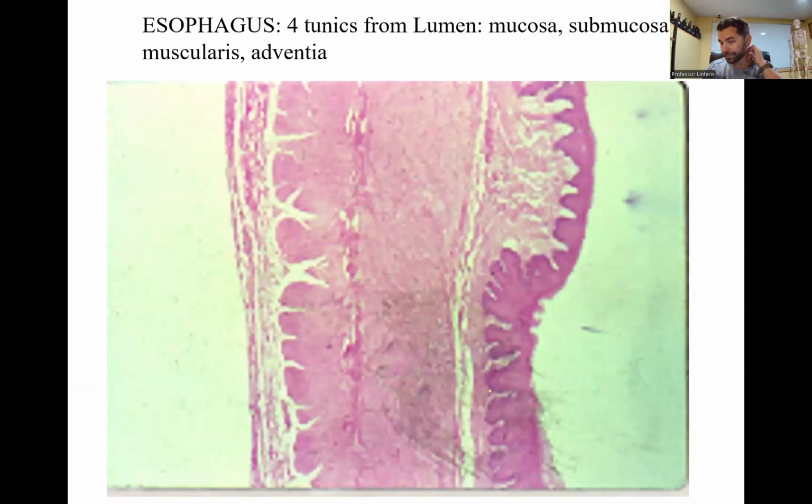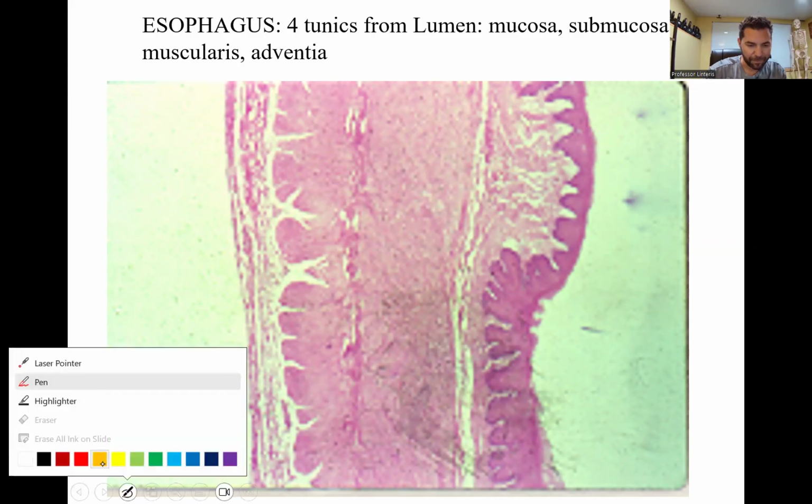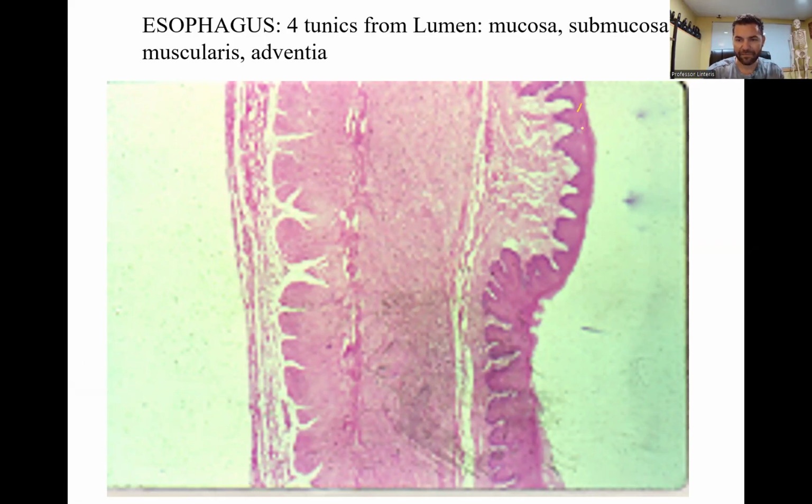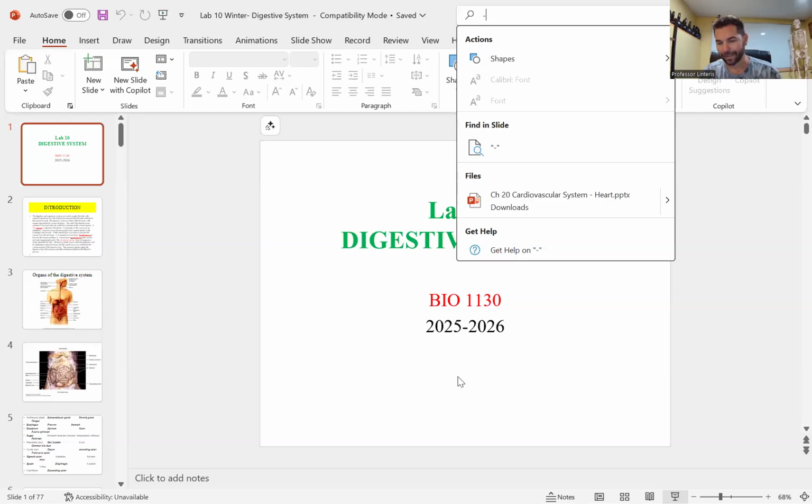So on here, we would recognize that, number one, this is the esophagus. Number two, we can see that we have this mucosa, always going to be the inner layer. We have this submucosa. Maybe I'll highlight it for you in specific colors, to try to make it easier.